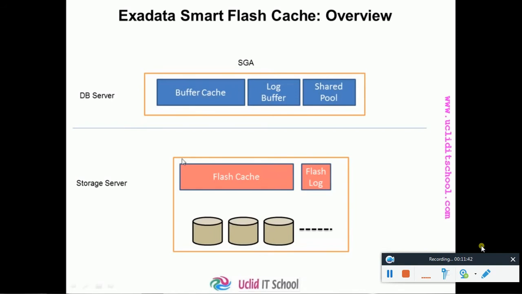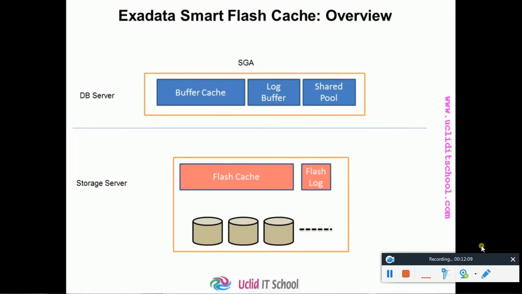So that way the flash cache is acting as a second layer cache for your database, which sits between your buffer cache and the hard disk. Okay, so that is the concept of flash cache and purpose of flash cache.